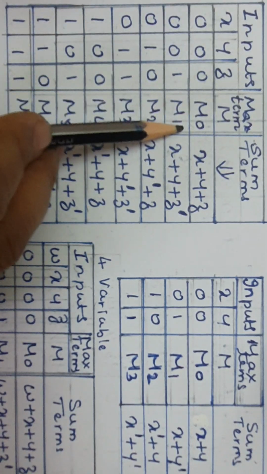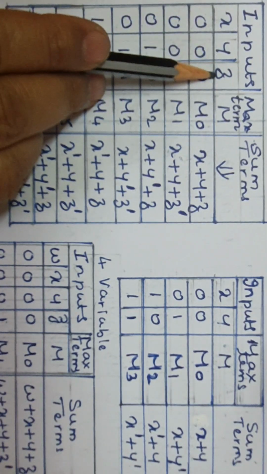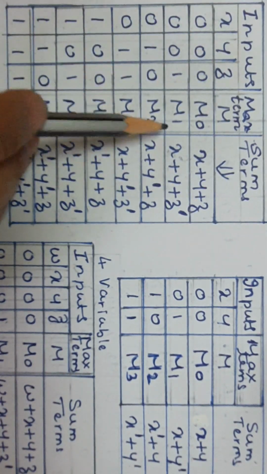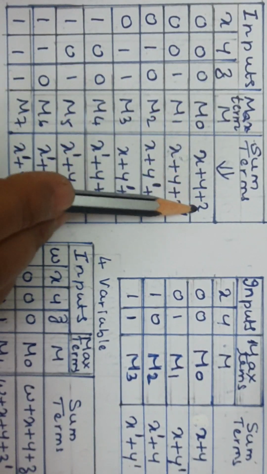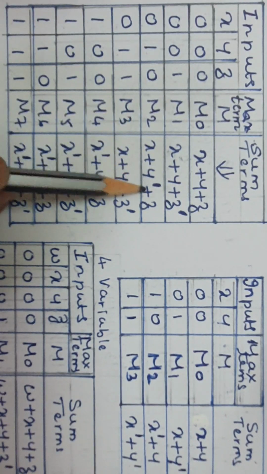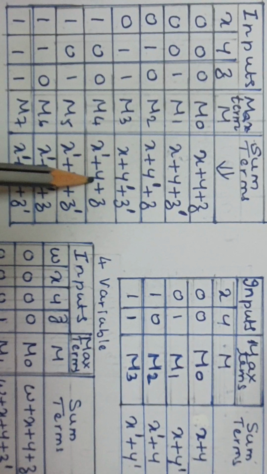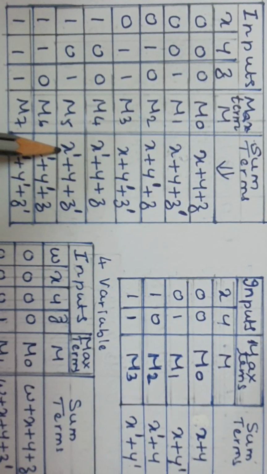So here the max terms are from m0 to m7 for a 3 variable digital logic or Boolean function. So m0 is x plus y plus z, m1 is x plus y plus z dash, m2 is x plus y dash plus z, m3 is x plus y dash plus z dash, m4 is x dash plus y plus z, m5 is x dash plus y plus z dash, m6 is x dash plus y dash plus z, m7 is x dash plus y dash plus z dash.